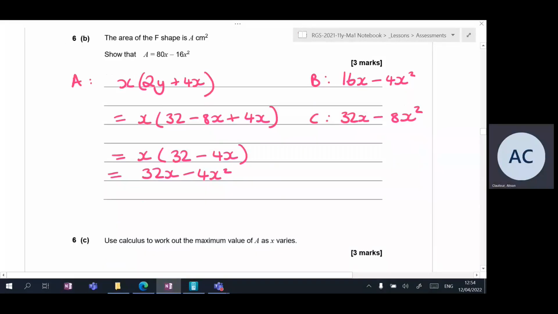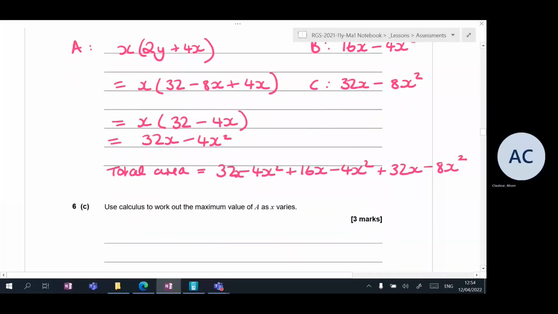Okay, and then the area altogether, so your total area is 32x minus 4x squared, add 16x minus 4x squared, add 32x minus 8x squared. So what have we got all together?